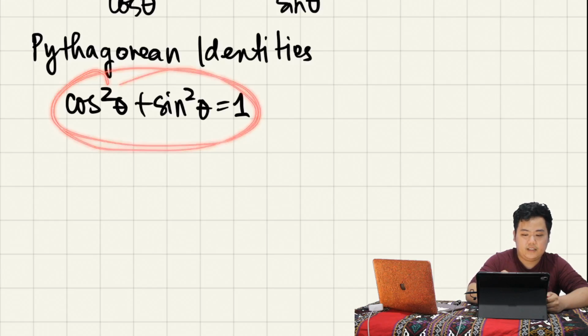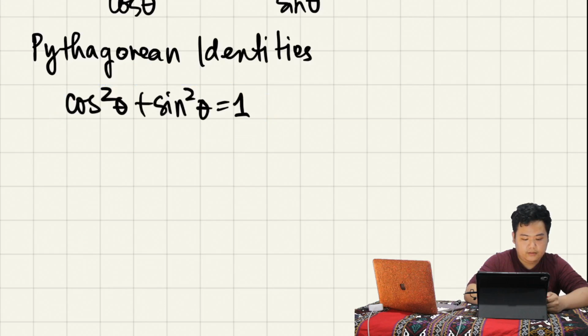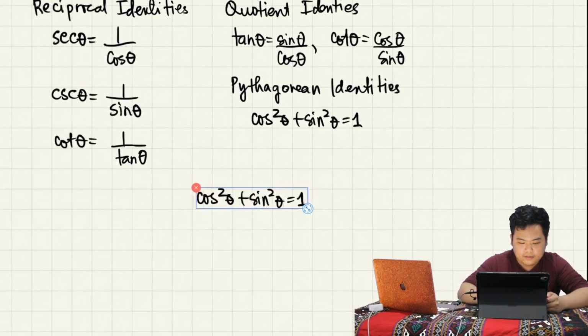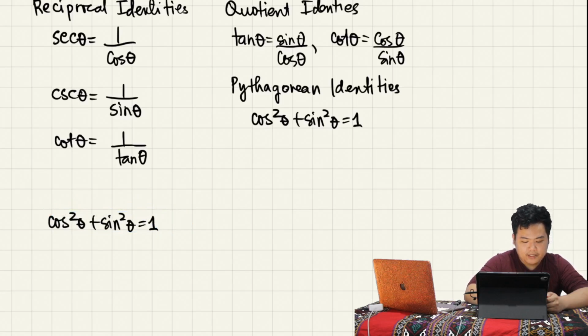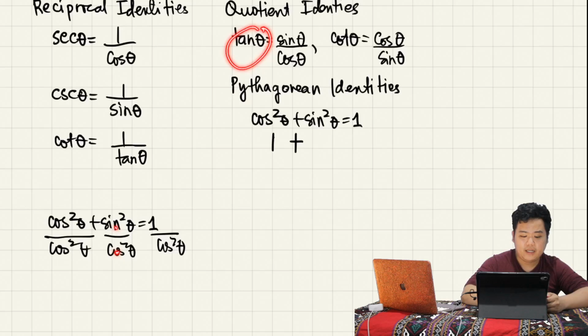So, let's start here. Okay. So, what happens if we divide everything by cosine square? So, this part becomes 1 plus a sine over cosine is tangent, pero naka-square, so magiging tangent square.